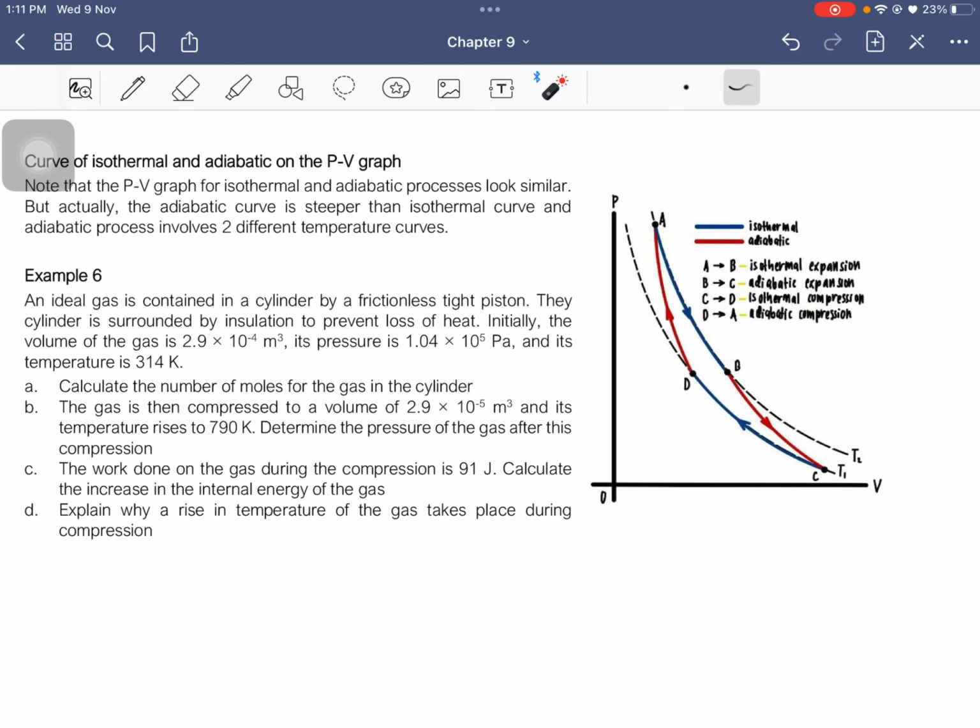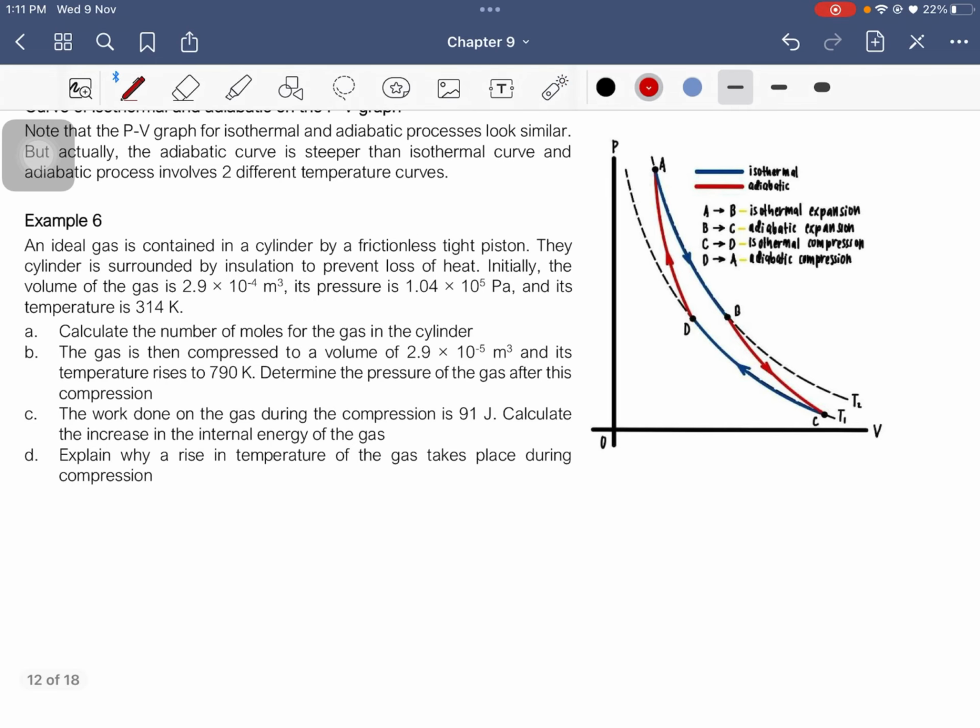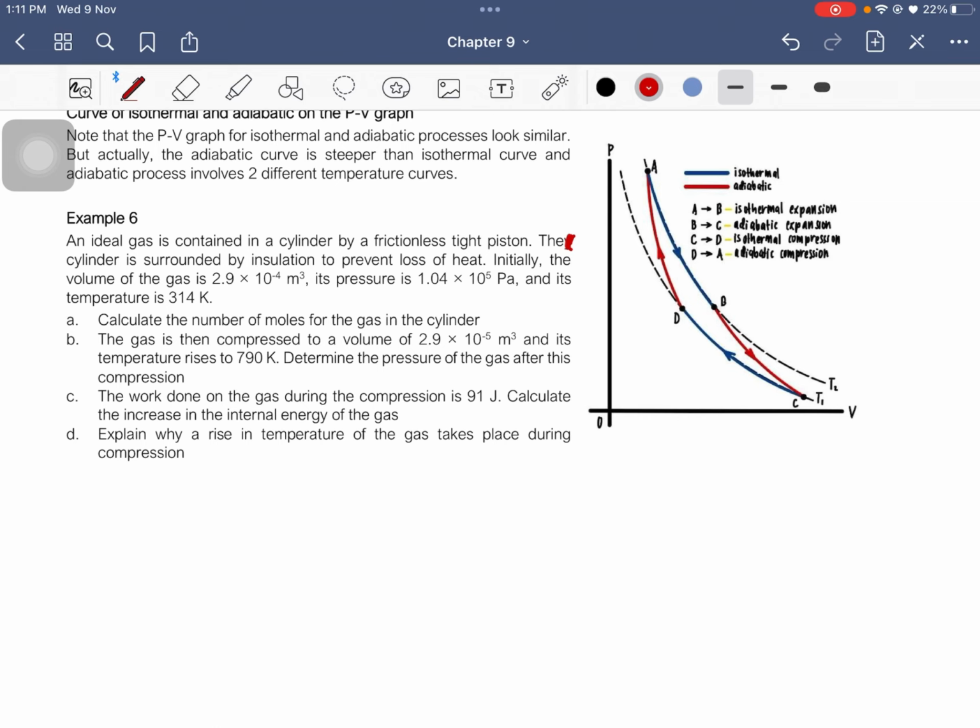Now let's look at example 6. An ideal gas is contained in a cylinder by a frictionless tight piston. So the cylinder is surrounded by insulation to prevent loss of heat.